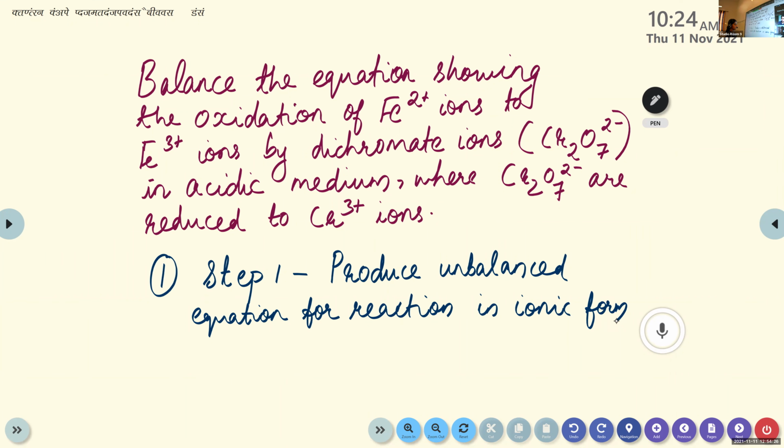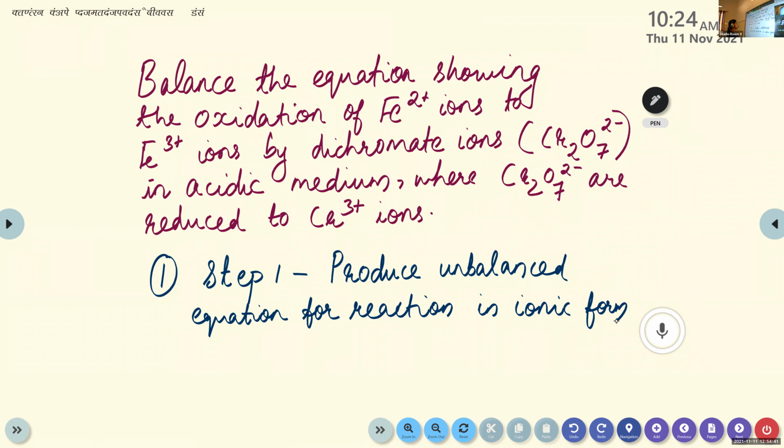That's the first step. So we have to convert this chemical reaction into the form of chemical equation using ions. Okay, that's the first step. Produce unbalanced equation for reaction in ionic form.